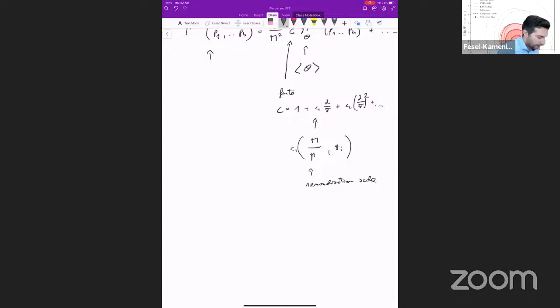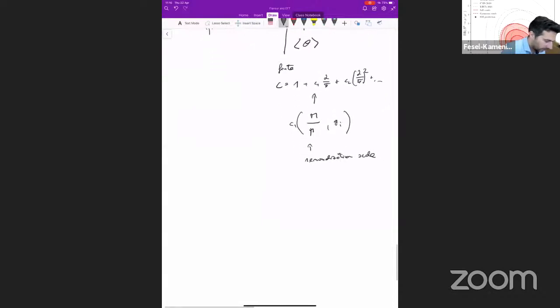However, this is actually a blessing, because we can use the fact that we know that the total amplitude, the complete result, has to be independent of the normalization scale.